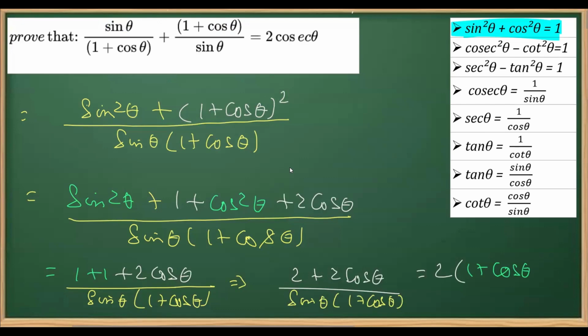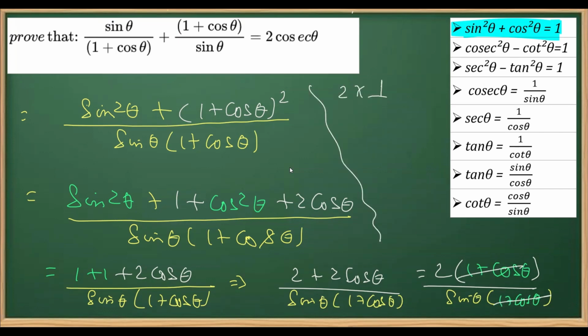And below we have sine theta multiplied by what's there inside, that is 1 plus cos theta. So check here, this and this get cancelled. So we are left with 2 over sine theta, which is 2 multiplied by 1 over sine theta.